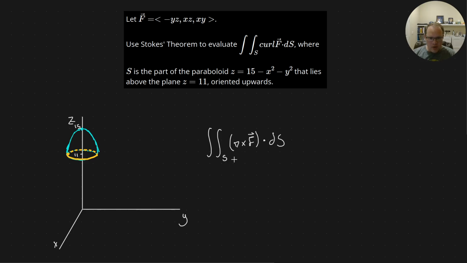Instead of integrating the flux of the curl through the surface, maybe we should integrate the circulation of the vector field over that boundary. Okay? So if we're going to do that, we're going to need a parameterization for the boundary.